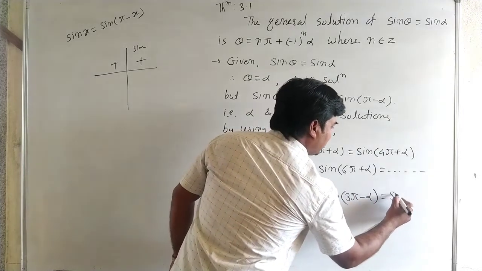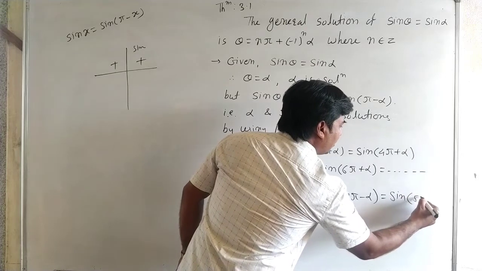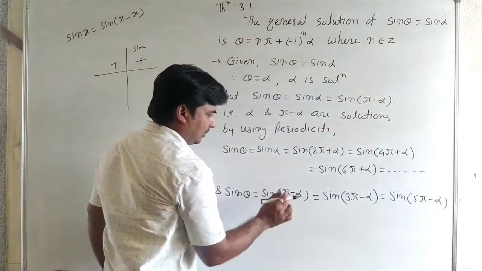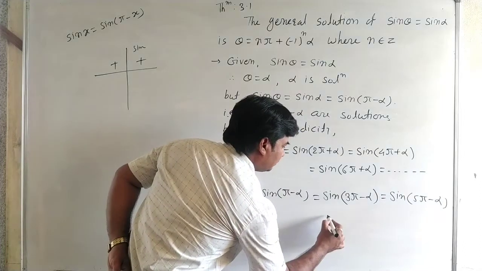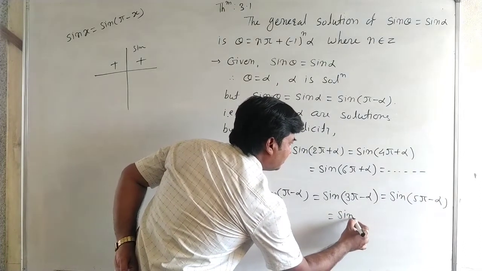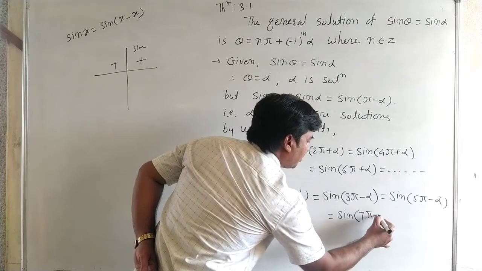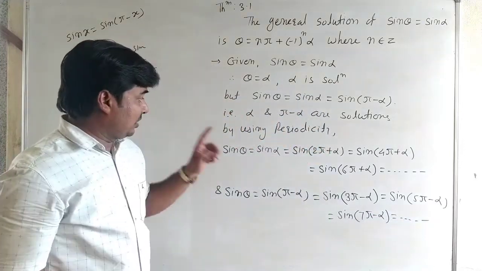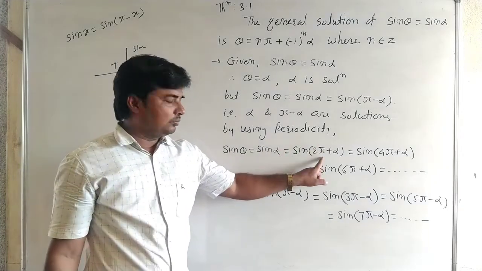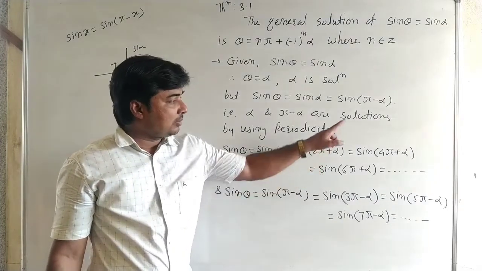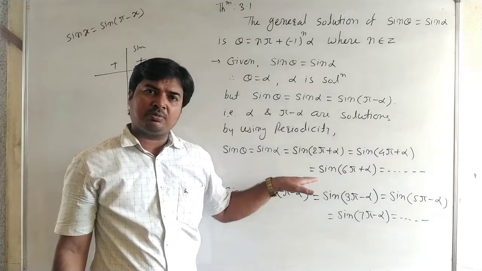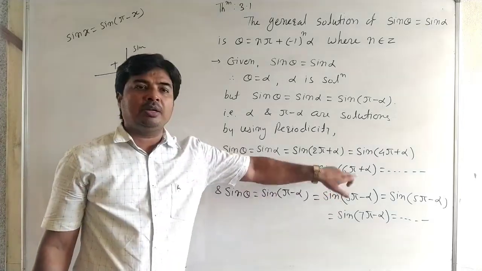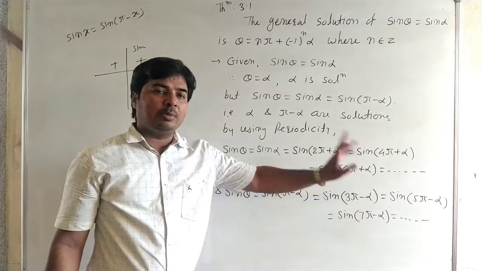Then sin 5 pi minus alpha, also equal to sin 7 pi minus alpha, and like that. That means here theta is equal to alpha, 2 pi plus alpha, 4 pi plus alpha, 6 pi plus alpha, and from this theta is equal to pi minus alpha, 3 pi minus alpha, then 5 pi minus alpha, like that.